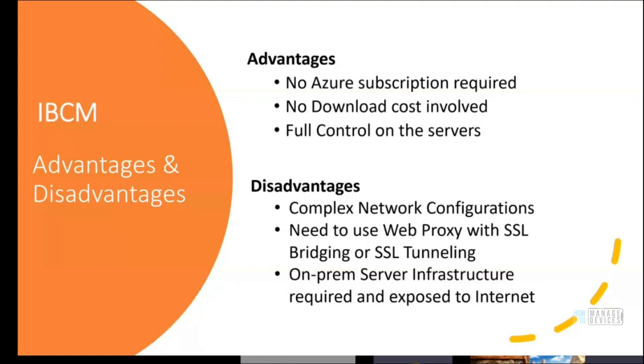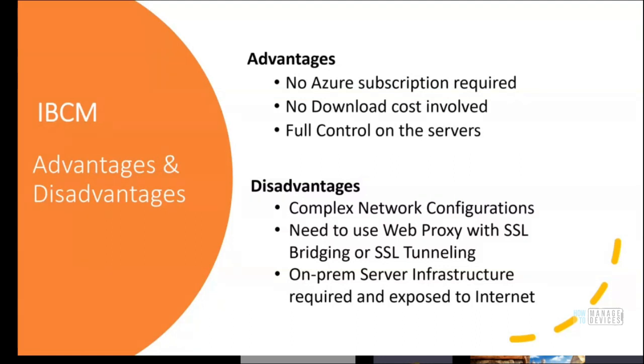All the traffic will come to your corporate network, and it will all be corporate network download, so there is no cost involved. Obviously, there will be internet charges, but it is not as much as the Azure download. And you have full control of the servers, the IBCM server.